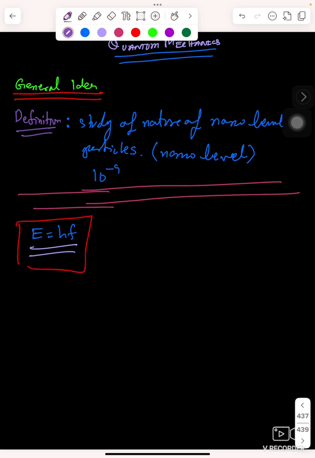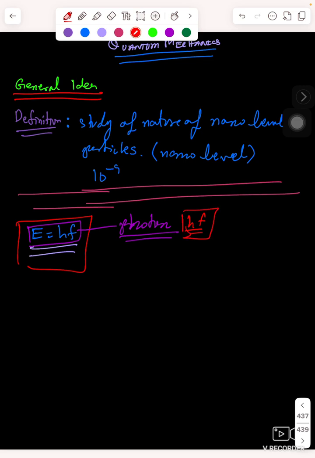This equation is the equation form of a photon. It is specifically for photons and other particles as well, but if we want to define a photon as an equation, we just say hf. This is the energy which a photon consists of.